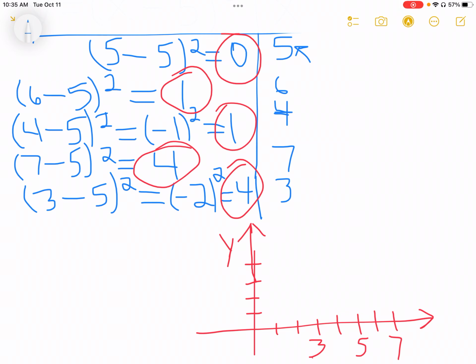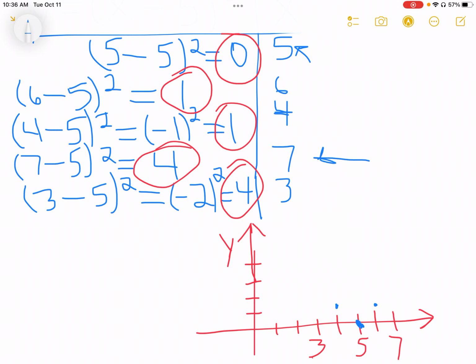So 5 and 0. So x is 5, y is 0. So that means my point's going to be right here. And if I go to 6, I'm going to go to y is 1. So that's right there. If I go backwards, then I have y is equal to 1 as well. And then if I go to x equals 7, x equals 7 is right here, and I have y is 4.